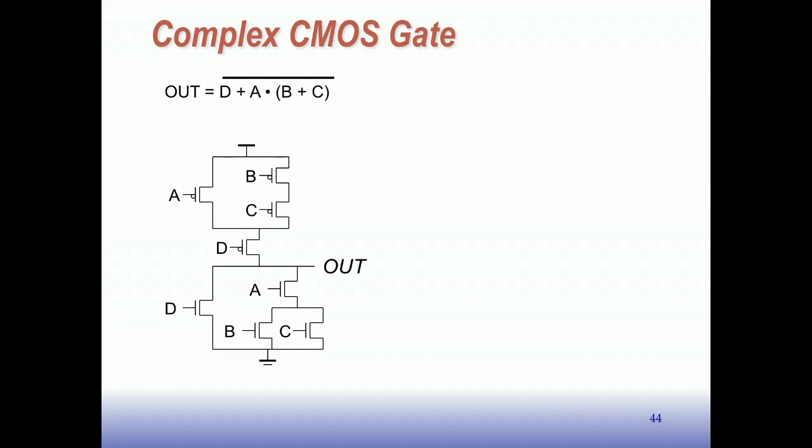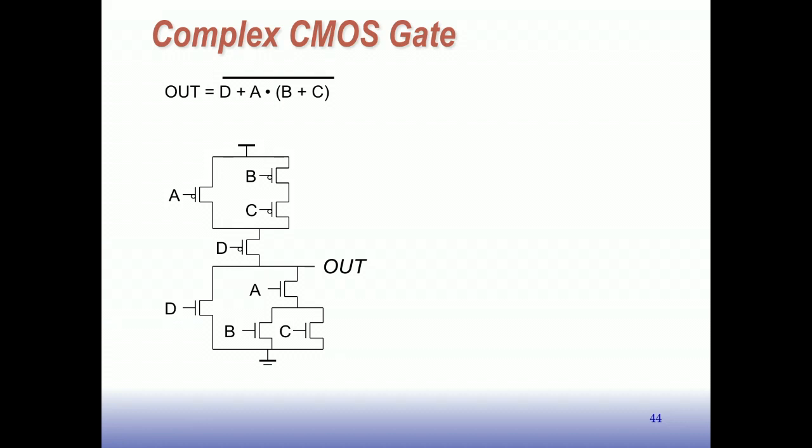Well, we configure the transistors like this. We've got D or A ANDed with B or C. So the B or C part is B and C in parallel. The ANDing of that with A is putting A in series with those. And then ORing in the D is putting D in parallel with everything else. And if that function underneath the bar is true, then the output's connected to ground. That's basically what that complement means there. It means the function generates a 0 in that case.